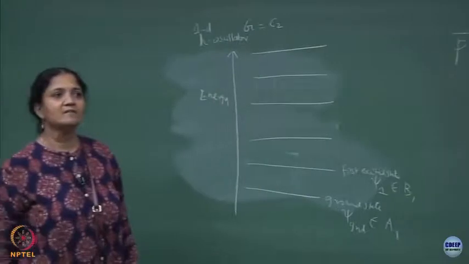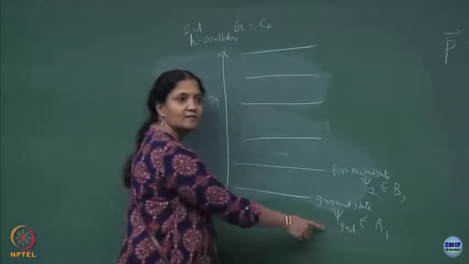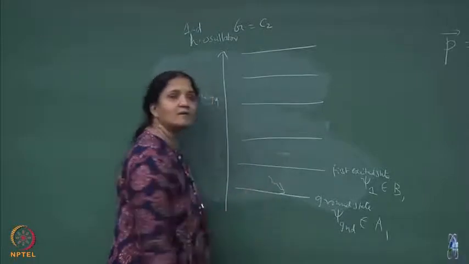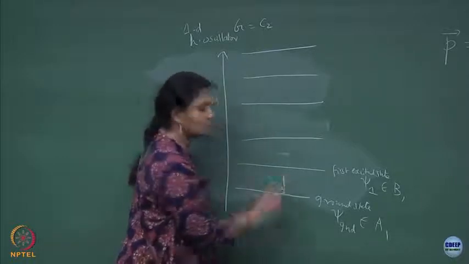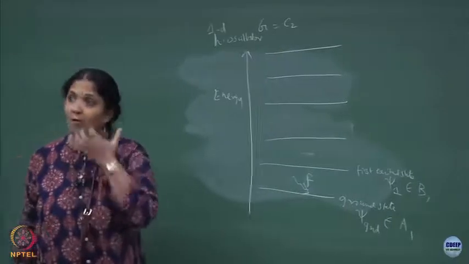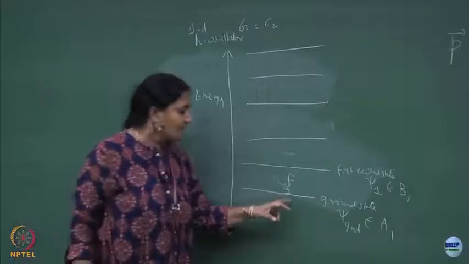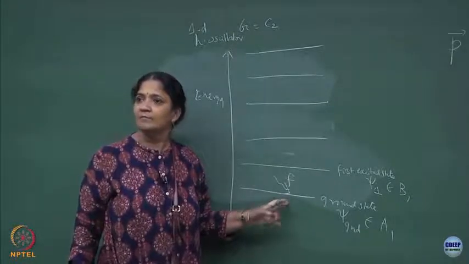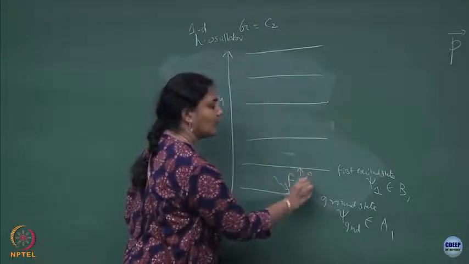Question can be asked: suppose I am in the ground state and I put in an interaction given by some electric dipole moment operator kind. Can the particle which is in the ground state go to, let us say, this one?